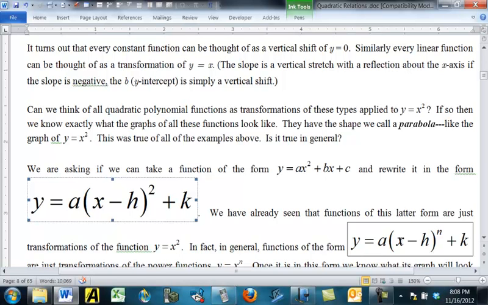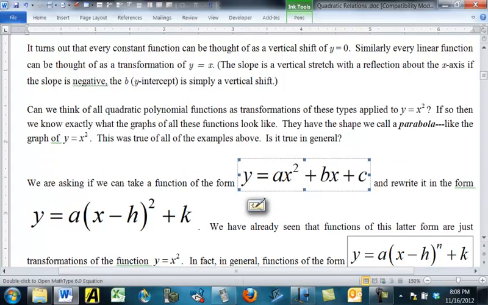Okay? So the question is, can we go back and forth between these two versions? Well, we know we can go this direction. That we know. We know if we have this, we can expand it out and get this one over here. That's pretty easy.